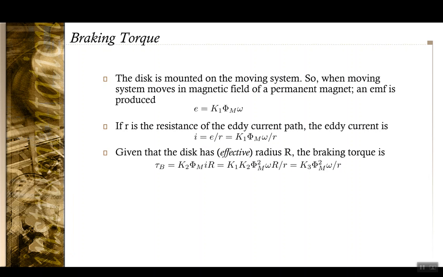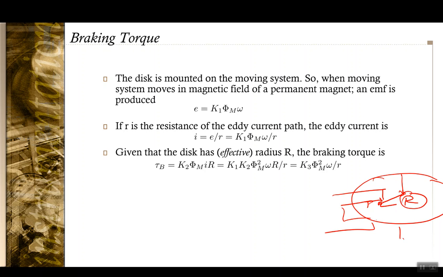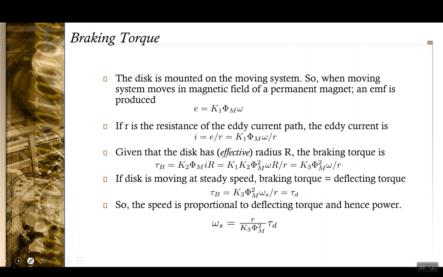Eventually the braking torque is given by tau b, where, if the permanent magnet is placed at a distance r from the center of this disc, the effective radius is r. So the braking torque eventually is proportional to phi m square into omega by R. What is important is that the braking torque is proportional to omega.